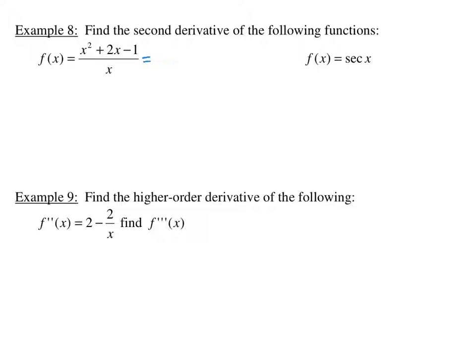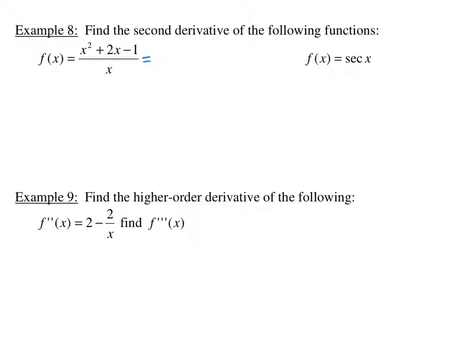Now, how am I going to get the derivative of this? If I brought the x to the top, I would have to rewrite it as x to the negative 1.